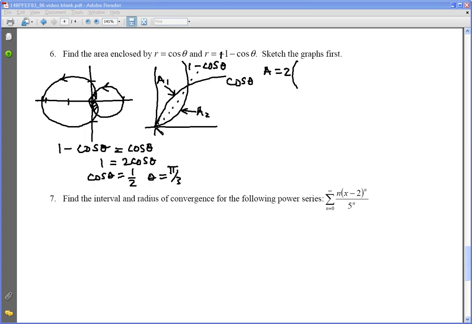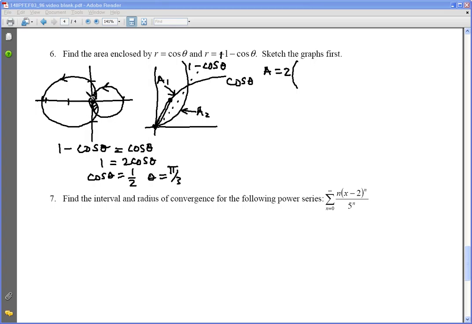So for area 1, if we draw a radial segment here from the origin out to a point on here, so it looks something like that. The limiting positions of that radial segment are here at pi over 3, and then as this point approaches the origin, the radial segment rotates around and it gets closer and closer to tangent position that's parallel to the y-axis.